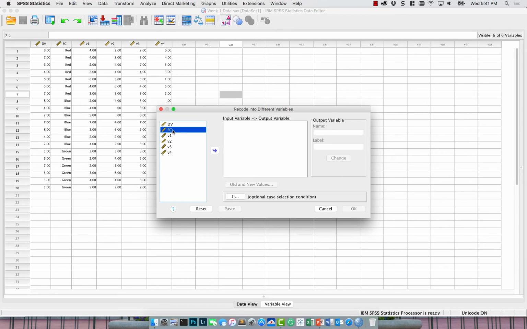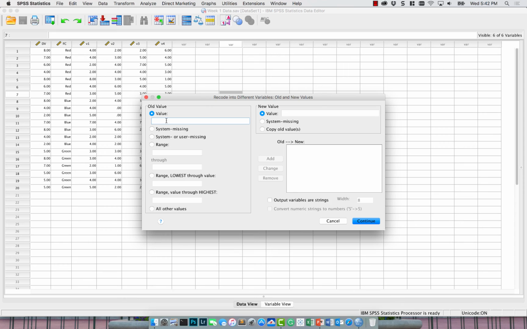Let's say I take favorite color, and I put it here, and I know that I want to call this red. So now I'm saying take the favorite color and transform that into red. How many people have done this before? A few of you. Then I need to tell it what the old and new values are.